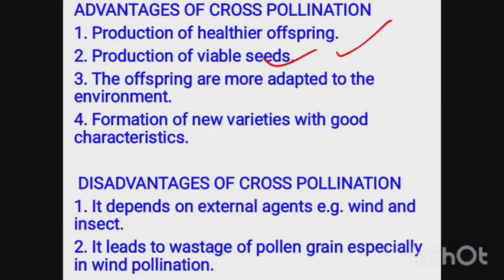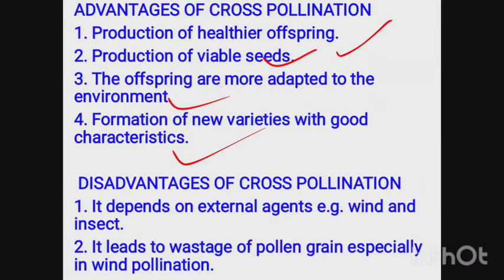The seeds always have a tendency to germinate as soon as they are placed in the right condition. Number three, the offspring are more adapted to the environment, so they can easily fit into the environment because they have the DNA of different plants that came together to pollinate. Number four, there's formation of new varieties with good characteristics.